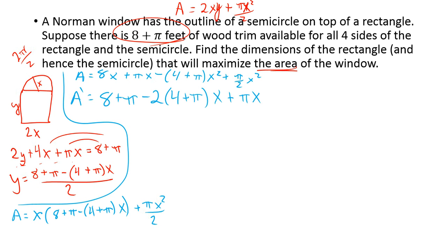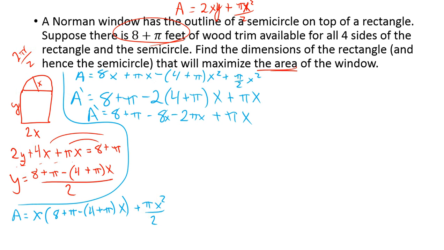Now what we'd want to do is get x by itself. Let's simplify this and see if we can get it even smaller. So we'd have 8 plus pi minus 8 minus 2 pi, and both these have x's attached to them, plus pi x. Let's see here.